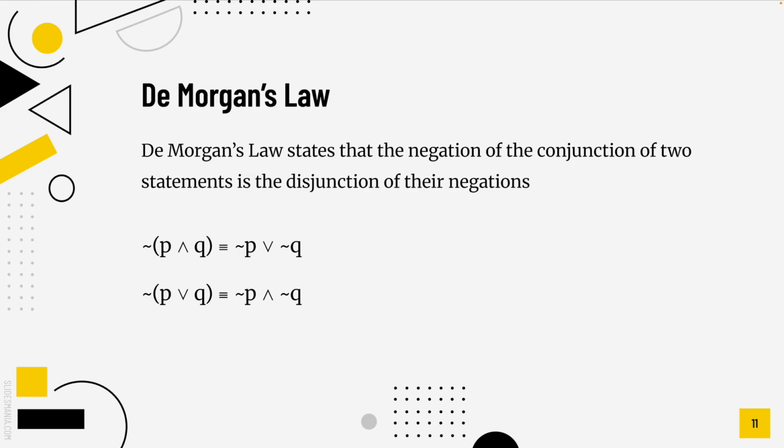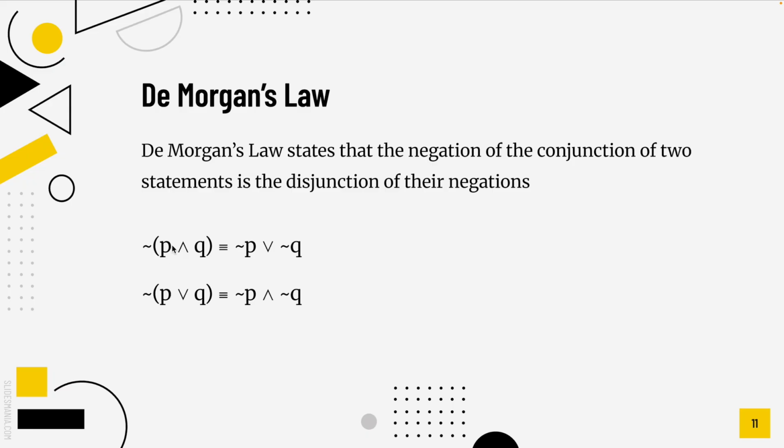De Morgan's law states that the negation of the conjunction of two statements is the disjunction of their negations. What does that mean? That means if I take P and Q, and I'm taking not (P and Q), then I can essentially distribute this not through the bracket, but I have to change the sign.